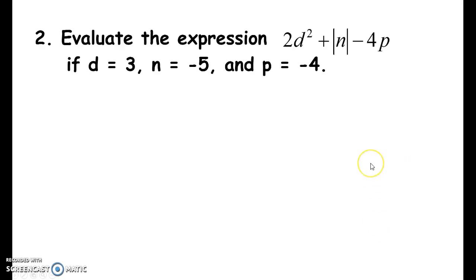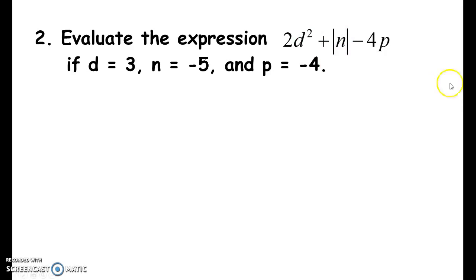Okay. Number 2, I think this is on review number 2. It says evaluate the expression. And there wasn't a problem like this on review 1. Well, for my students, I added it in. I think it's 5B. So if you didn't do it in lecture, I want you to go back and do 5B on review number 1. Absolute value bars.